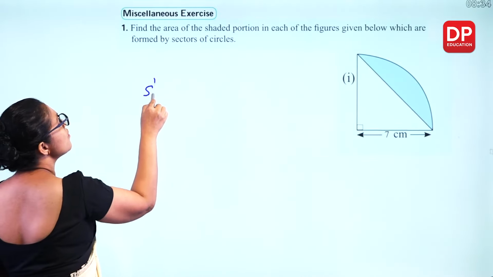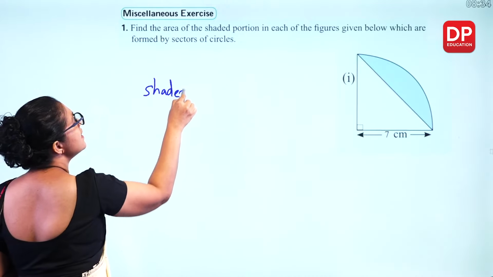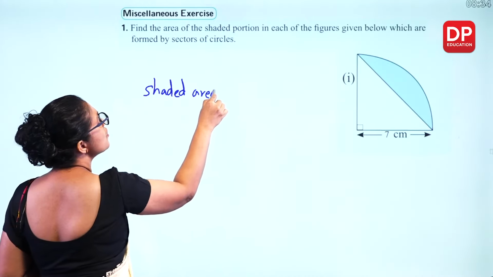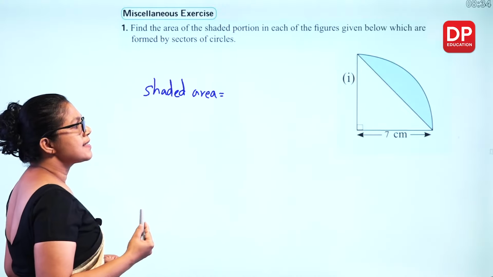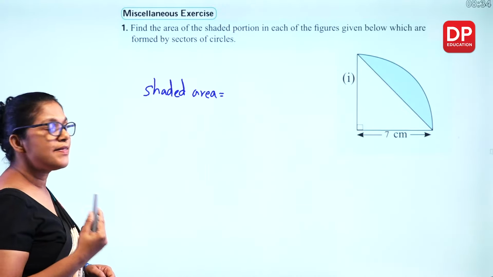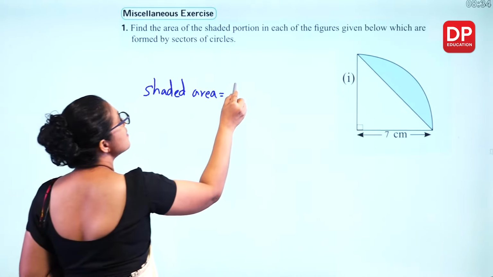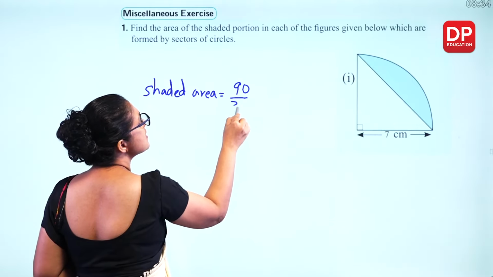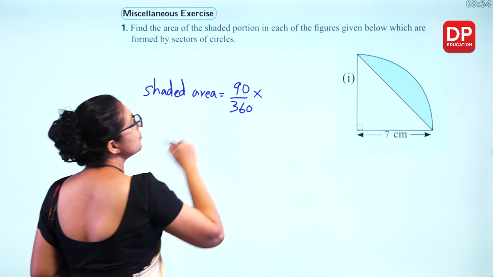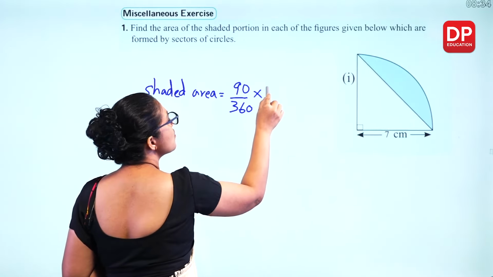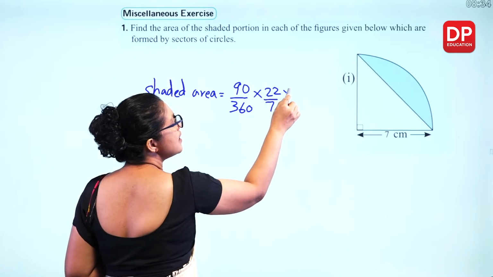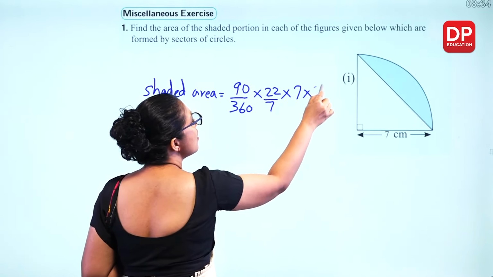So straight away you can write down the shaded area is equal to the area of the sector. In that sector, radius is 7 and the angle is 90. So 90 over 360 into pi r squared. Pi is 22 over 7 into r into r.